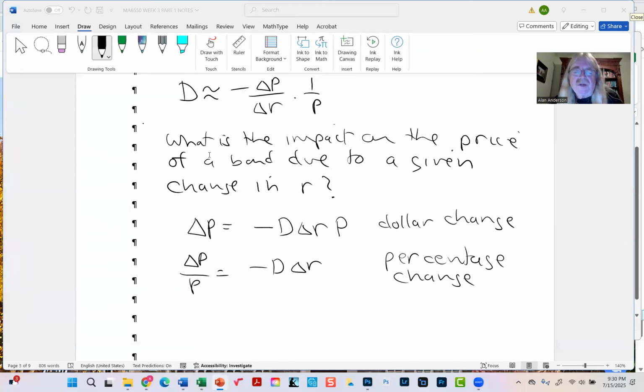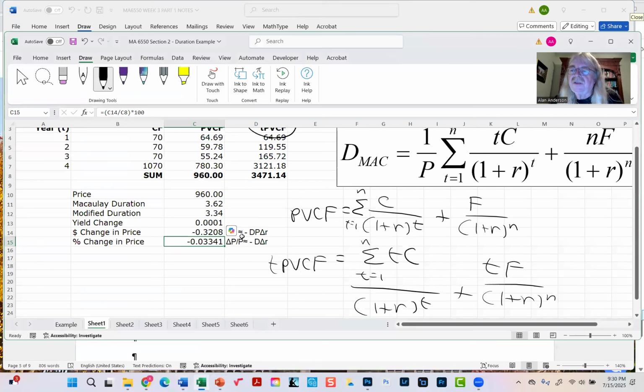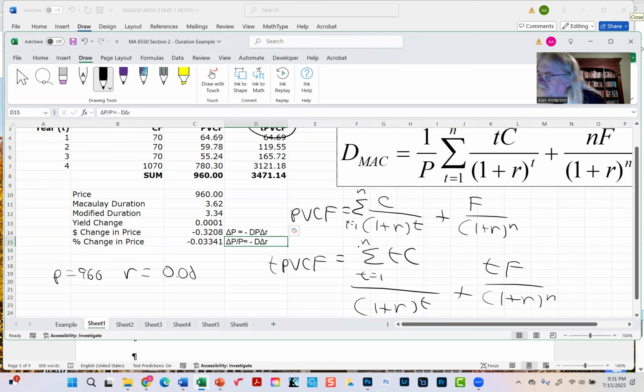So that's what I did in the spreadsheet, using 1 basis point as the change in R, delta R. So this is the predicted, and the formulas are right here. What about the actual? Well, the price is 960 right now, when the yield is 8.21%.